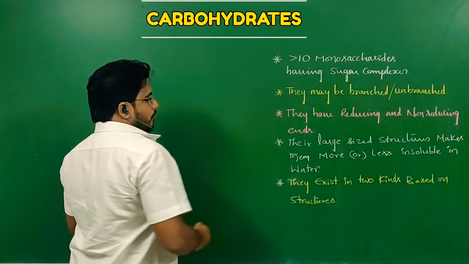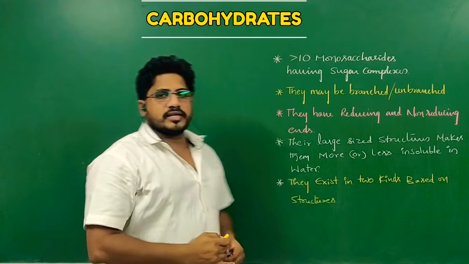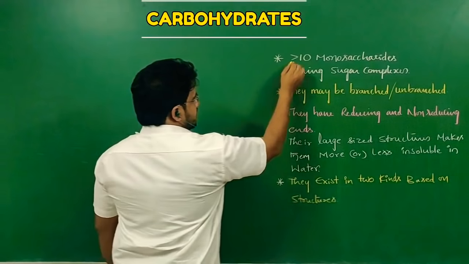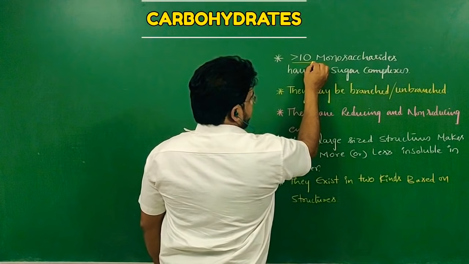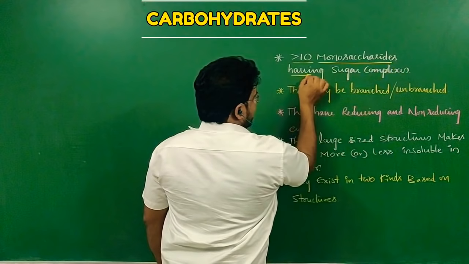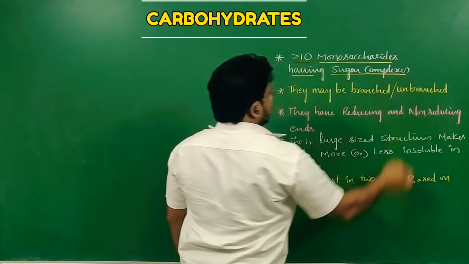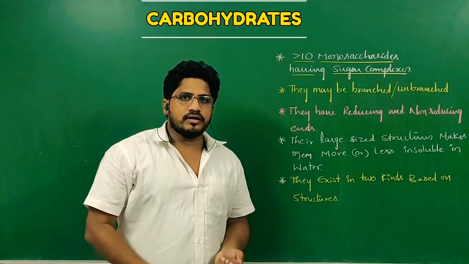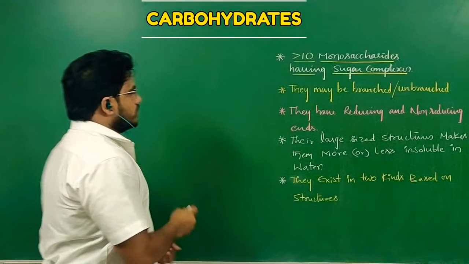Guys, here some points are there to define and describe the polysaccharides. One by one, let me discuss. Firstly, sugar complexes having greater than 10 or above monosaccharides are called polysaccharides. That was the definition.